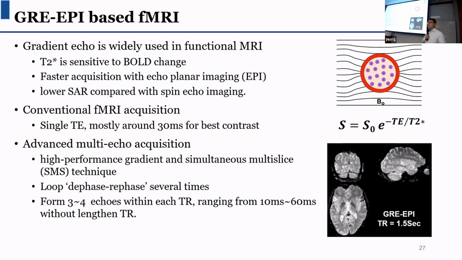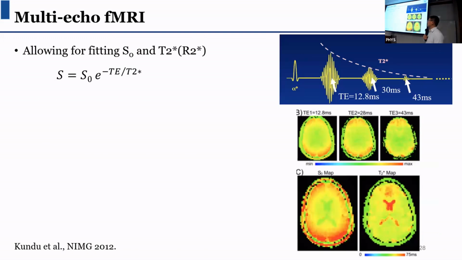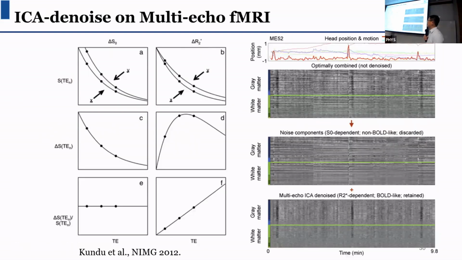So if some signal is not T2 star, not following this T2 star decay, we say it is signal we are not interested in. So it's quite straightforward. When you have this multiple TE acquisition, and you run different TRs, for example 500 frames, then you can do an ICA denoise.